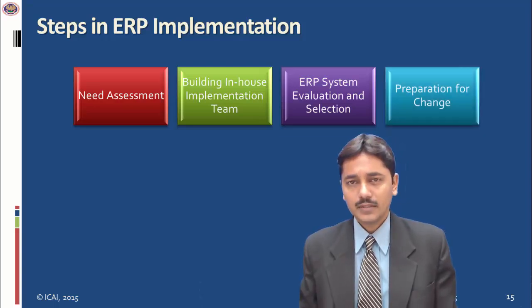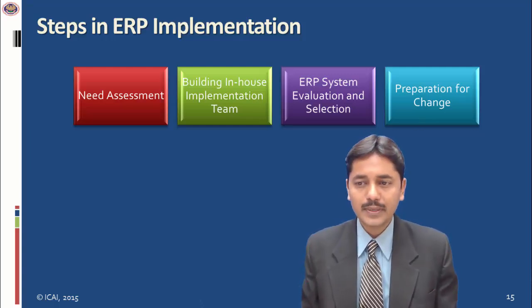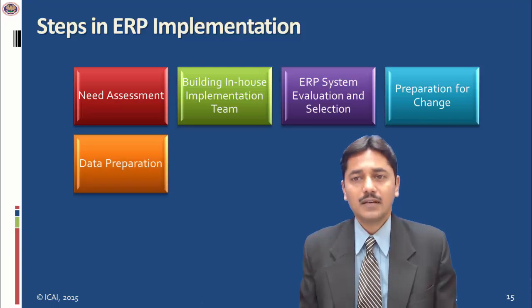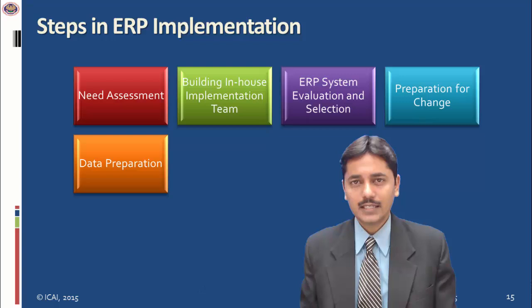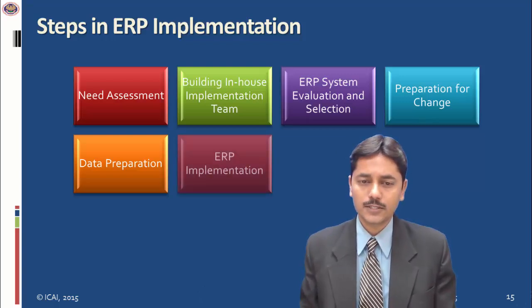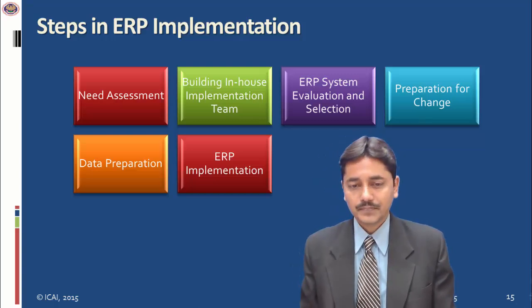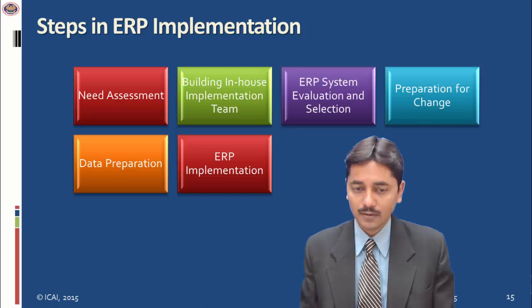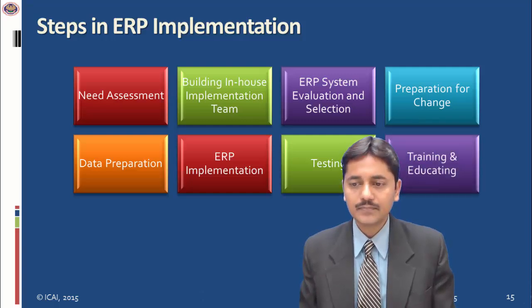Step 4 is preparation for change. Every organization must formally prepare for change. After that, we need to prepare the data. Data preparation is a part of the ERP implementation process. After these 5 steps are over, we start working actually on ERP implementation. Once the software is started, it needs to be tested.